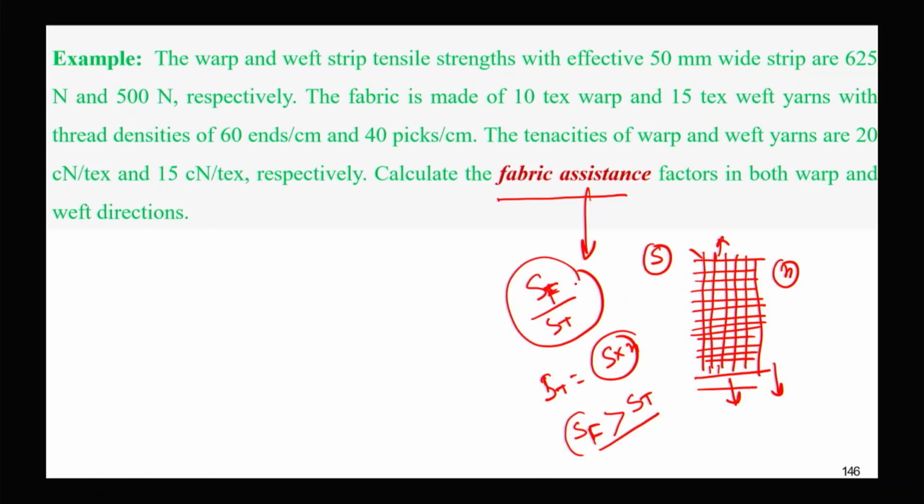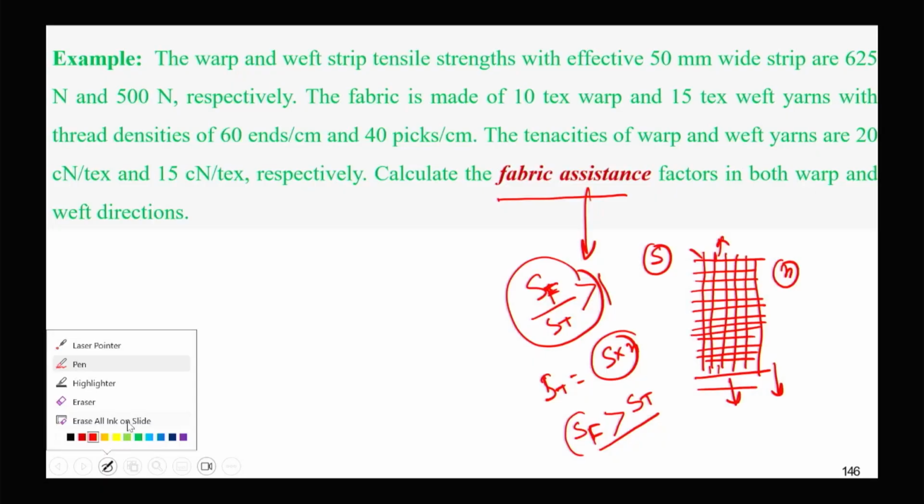Fabric assistance is always more than 1 because in addition to the thread under tension, the friction between the cross threads will also assist towards increasing the strength. So that's why it's called fabric assistance. We can express it in terms of percent also.